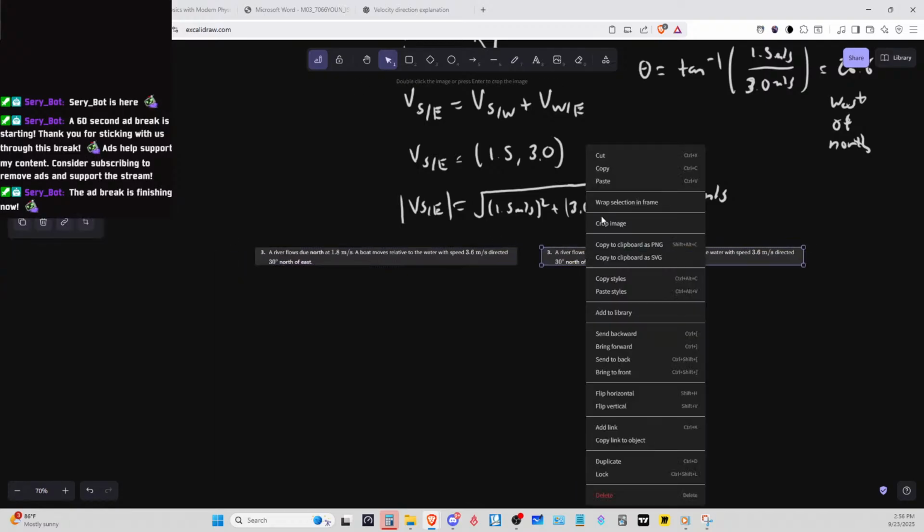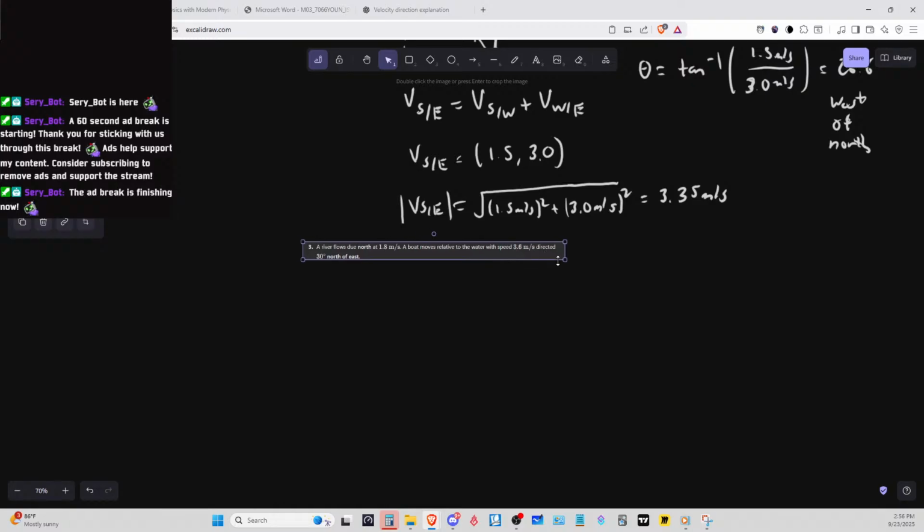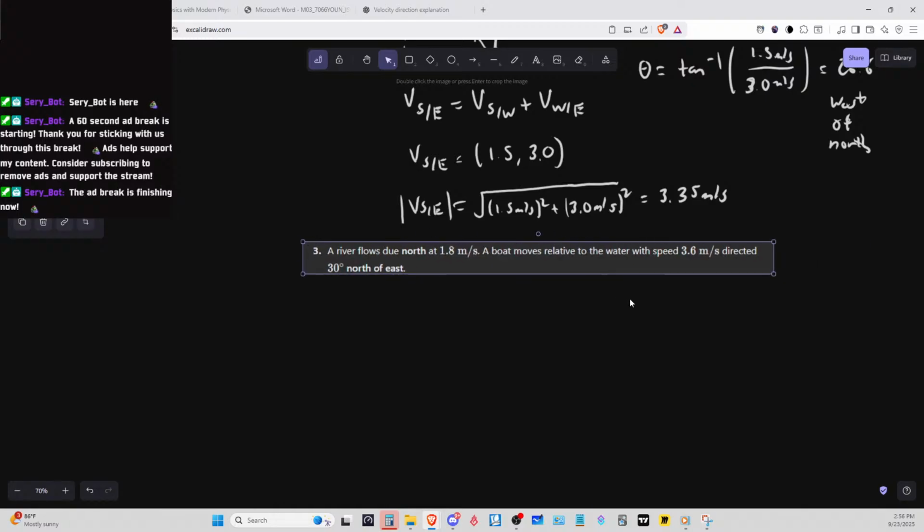Because I think relative velocity is what I struggled with because of this particular type of problem. I'm like, why is it that they're able to do the angles like that? Okay, so we have a river that's flowing north. So it's flowing north this way. The velocity of the river due to the earth is equal to 1.8 meters per second. And then we have a boat that moves relative to the water at a speed.